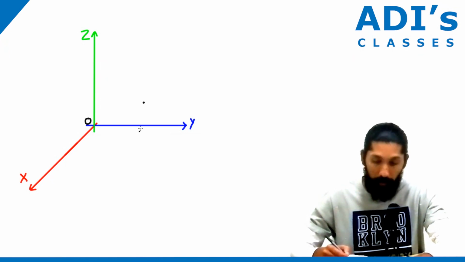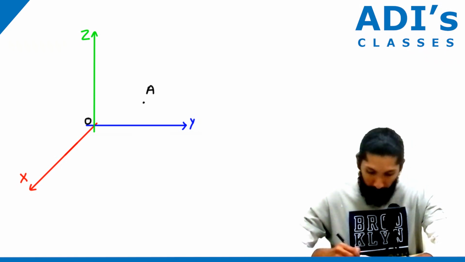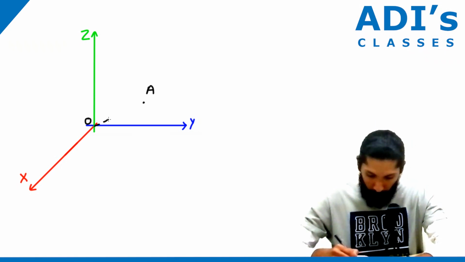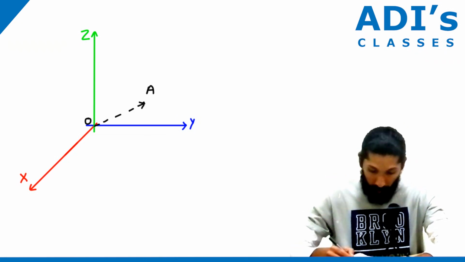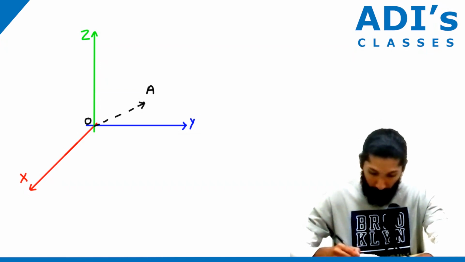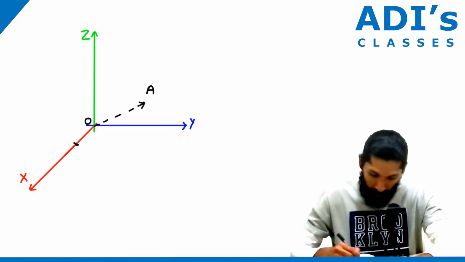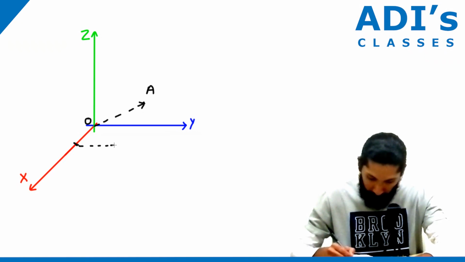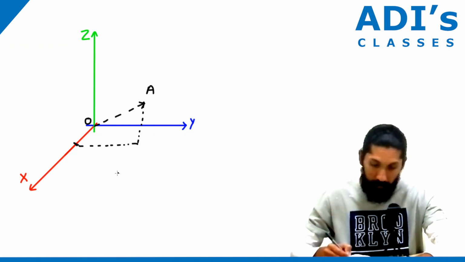Assume that this is the point A. Now we are going to join O to A. Guys, remember this is in 3 dimensions. To get to point A, we'll have to go some distance in the x, some distance in the y, and some distance in the z, isn't it?